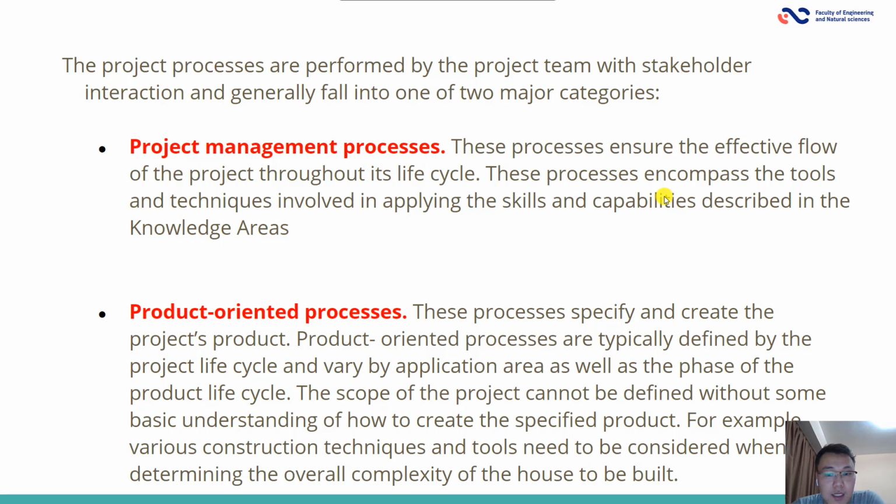The scope of the project cannot be defined without some basic understanding of how to create the specific product. For example, various construction techniques and tools need to be considered when determining the overall complexity of the house to be built.